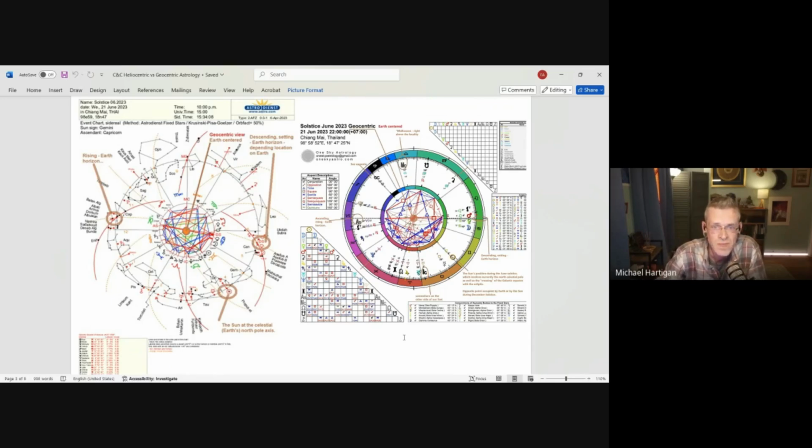Aside from that, we see a lot of data that isn't in yours in the lower right, which is combinations of planets and stars.